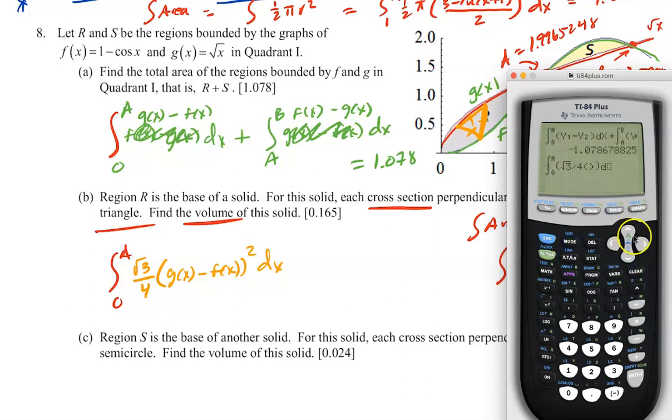So did I put parentheses? Yeah, I did. Just making sure. So we're going to do y2 minus y1 and then we're going to square it. I guess since we're squaring, it doesn't actually matter which one's which. And then dx, and we should get our answer, 0.165. And there we go.